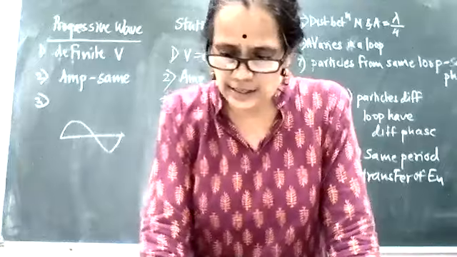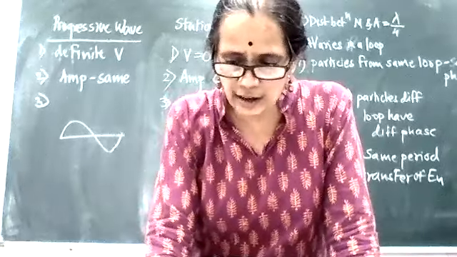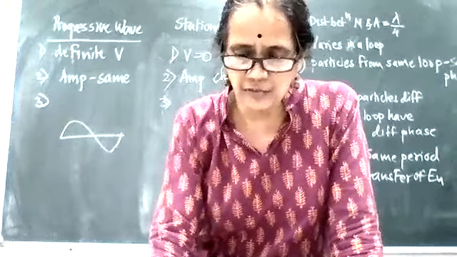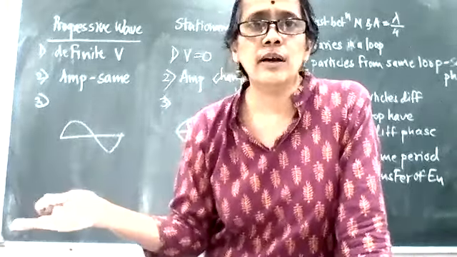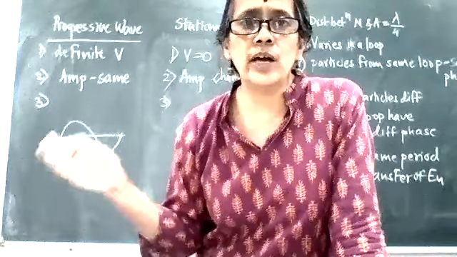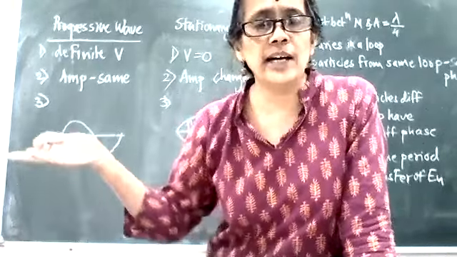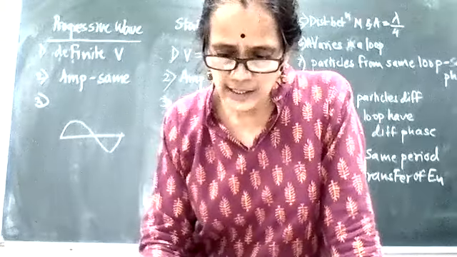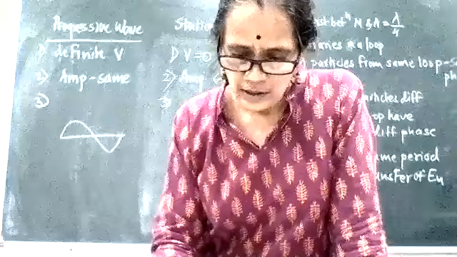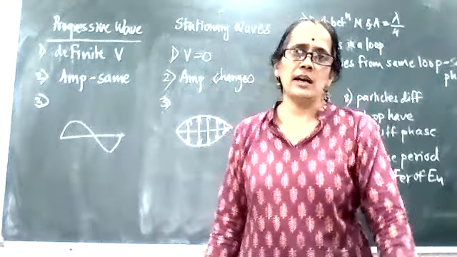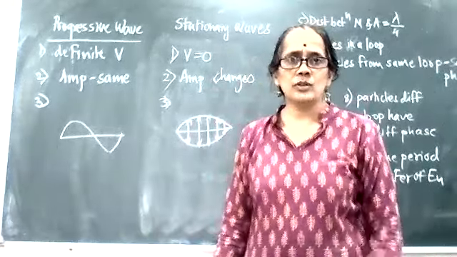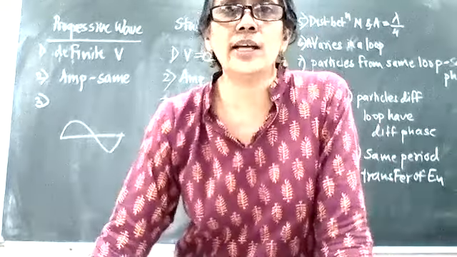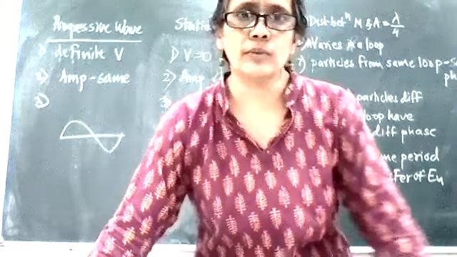Particles in successive nodes are moving in the same direction and are in the same phase. But if I consider particles from the adjacent loop, their phase angle keeps changing, as we have just seen. But in a progressive wave, the phases of the adjacent particles differ. So this is the difference between the stationary wave and the progressive wave.